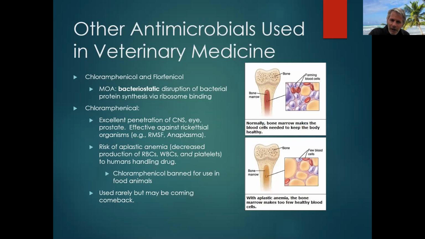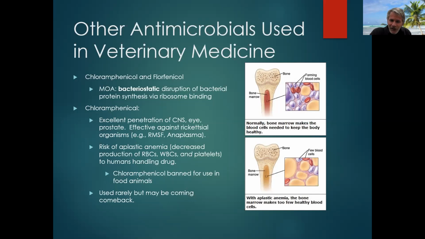Our next antibiotics are called chloramphenicol and florfenicol. And these are bacteriostatic. Again, who cares? That's how they work. Chloramphenicol, I have never, ever seen anybody use. I work at one place where I see it on the shelf. I don't know what they use it for.